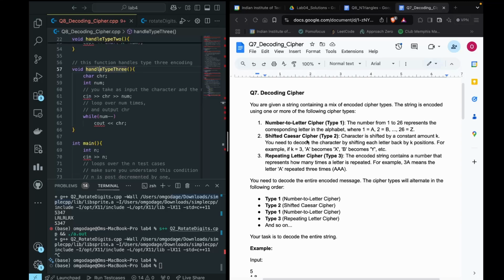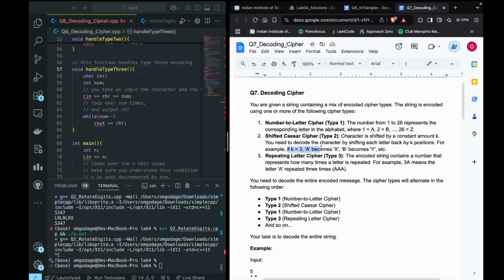Now let's understand what type 2 cipher should do. In the type 2 cipher, the character is shifted by a constant amount k. So you are given a character and an integer k, and you need to shift it back by k positions.